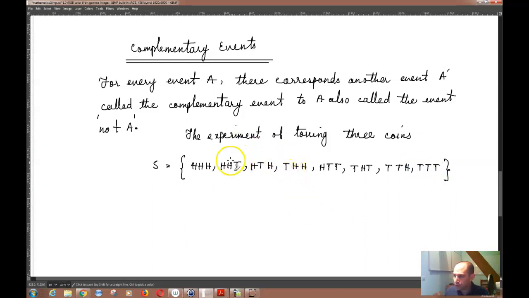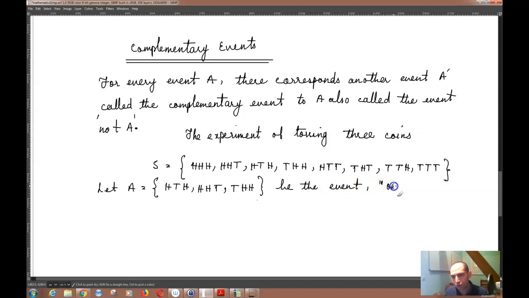Now let A be the event, A equal to HTH, HHT, and THH, be the event only one tail appears. Only one tail appears.